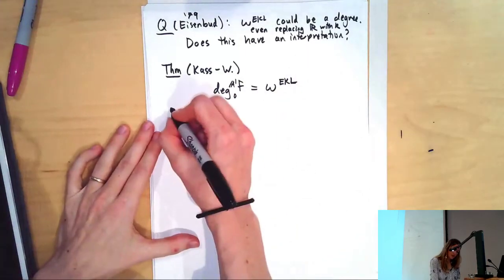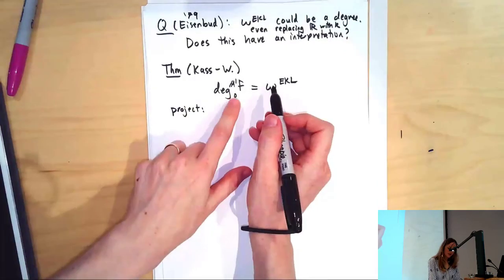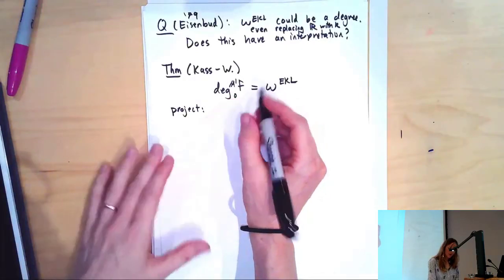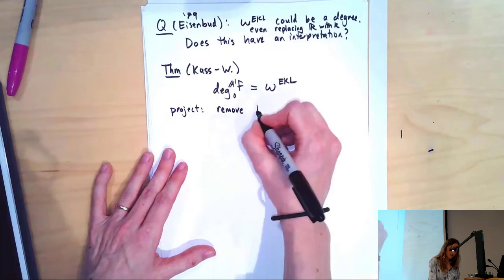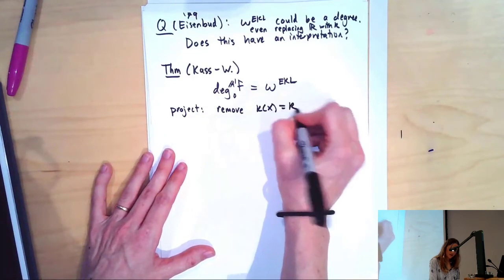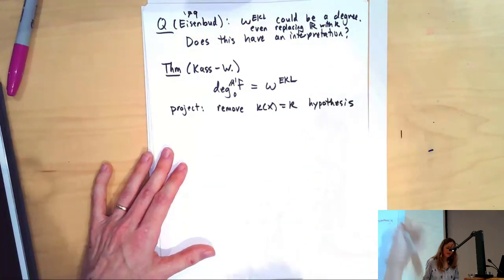So a project is to get rid of the hypothesis. This will work for any rational point, but remove the K(x) equals K hypothesis.